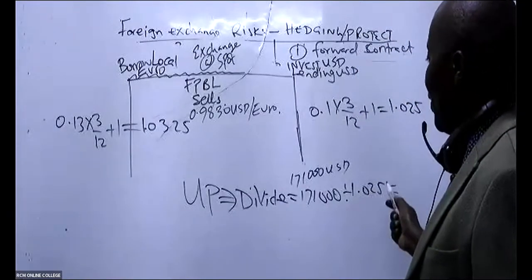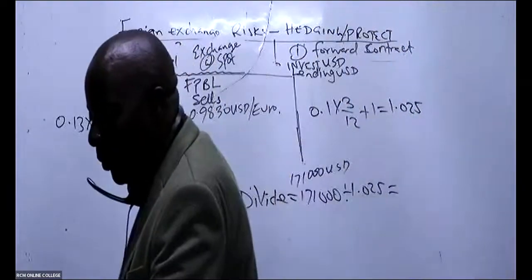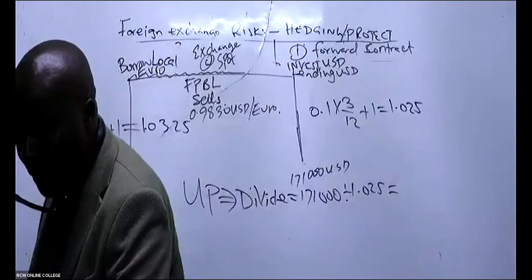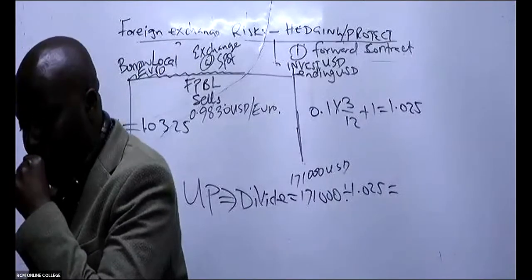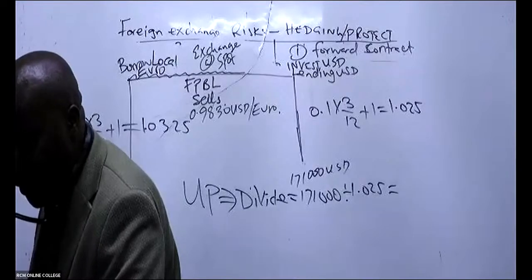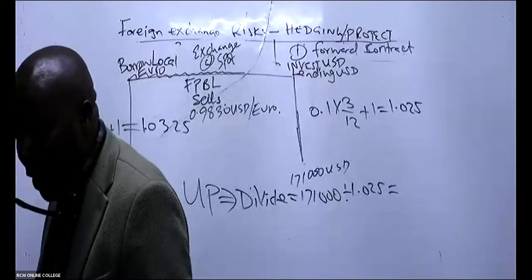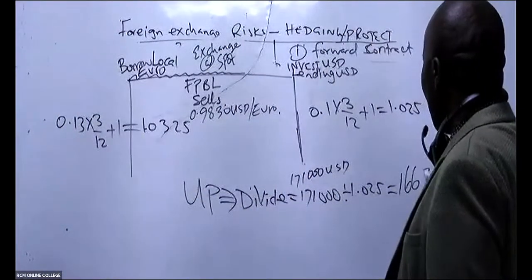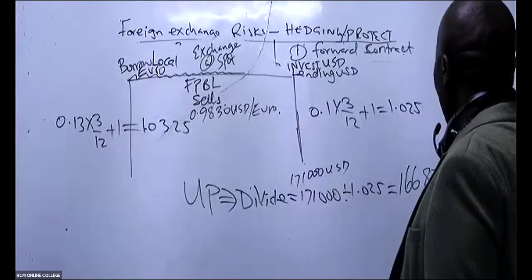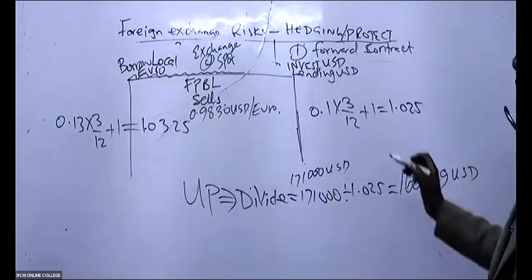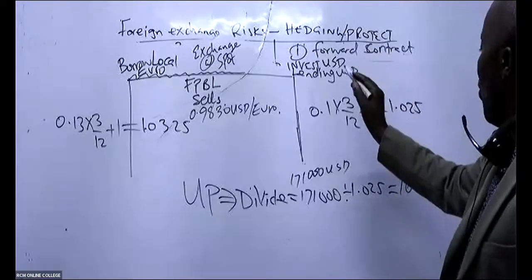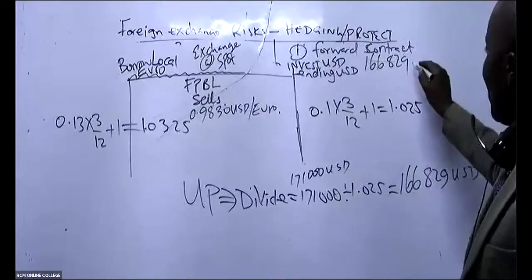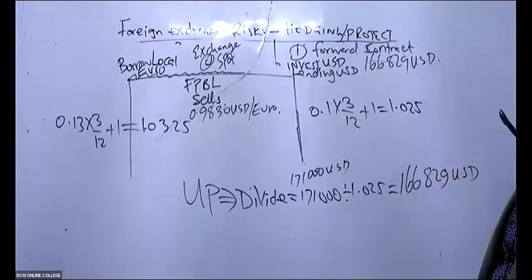So 171,000 divided by 1.025 gives 166,829 US dollars. So up, this should be 166,829 US dollars. Is that okay?